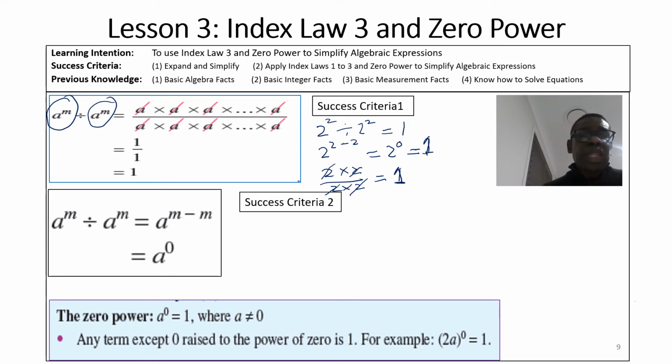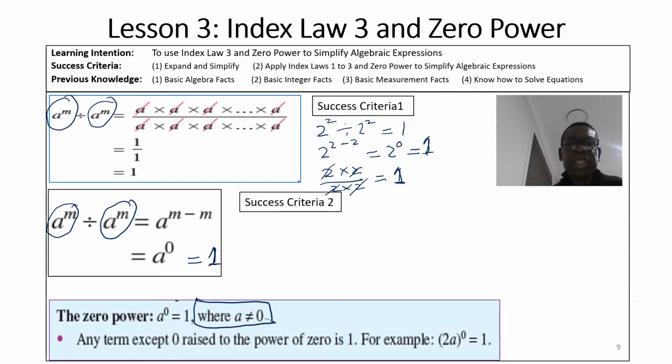So whichever way you look at it, you end up with 1. So a to the power of m divided by a to the power of m is simply a to the power m minus m, which is a to the power of 0. And that is always equal to 1. So the 0 power, a to the power 0, is equal to 1 for all non-zero bases. In other words, your base cannot be 0.